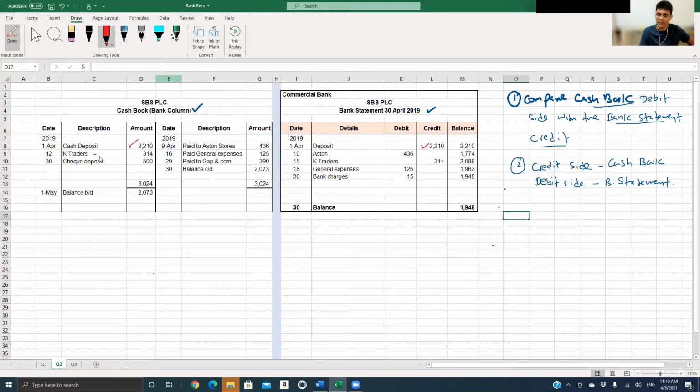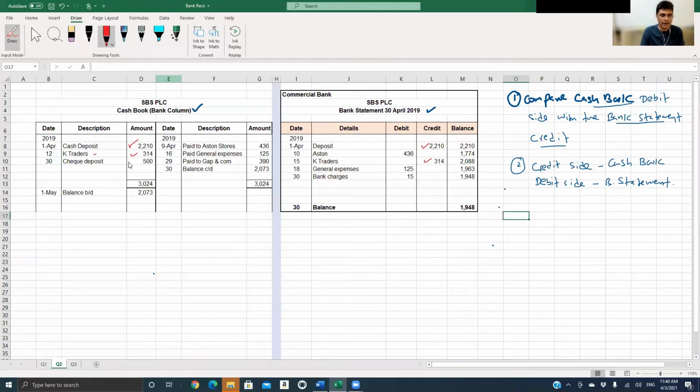Customer has given us a check. What have we done? We have deposited this check. When we deposit, we have to debit our bank column. Has it been credited? Yes. So the check has got realized. Therefore, it has been credited.